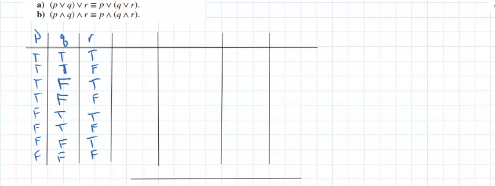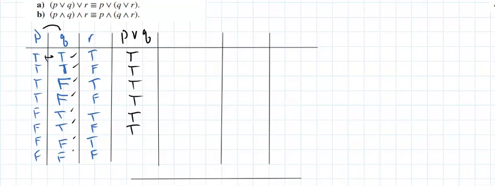Now I'm going to start with the first, P or Q. Whenever one of them is true, it's automatically true. So that's true, true, true, true, true, true, false, false. All of these are true except for the last two. With or, the only way it is false is if both are false.